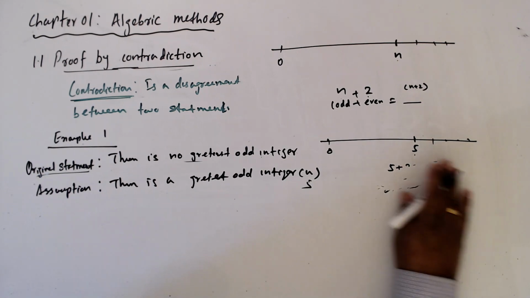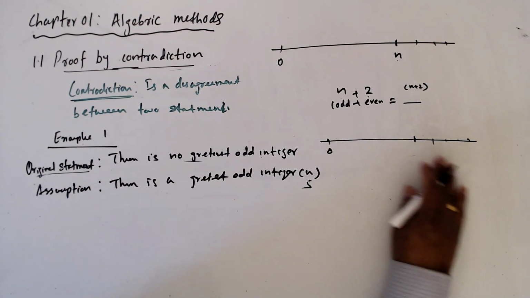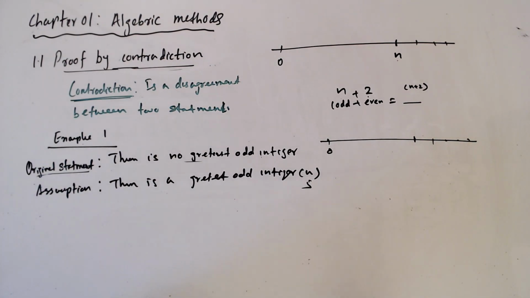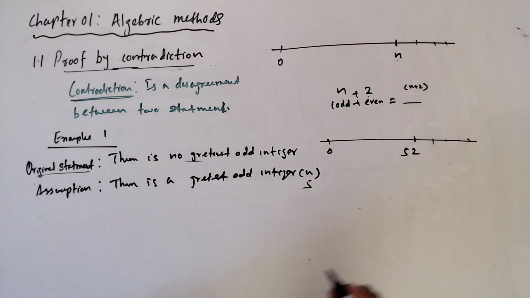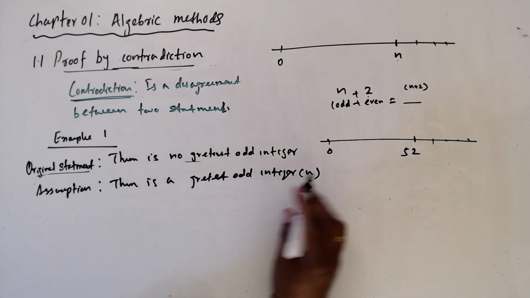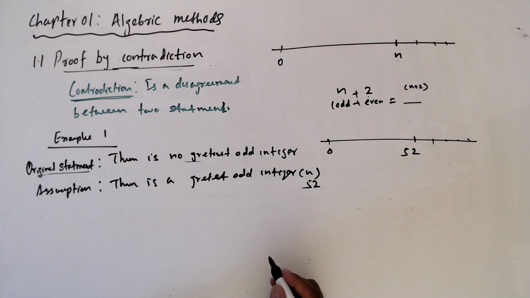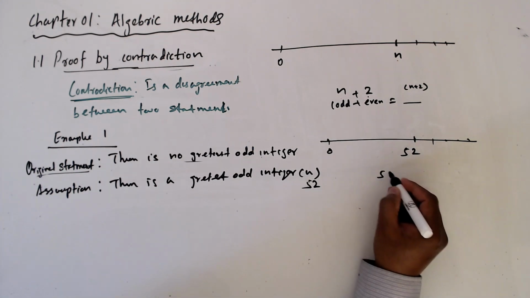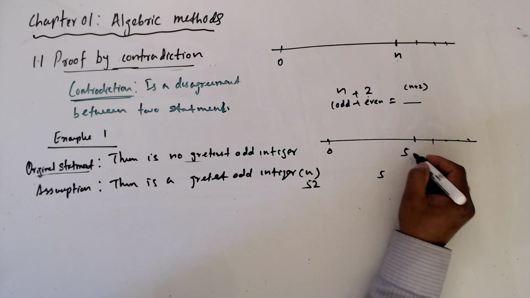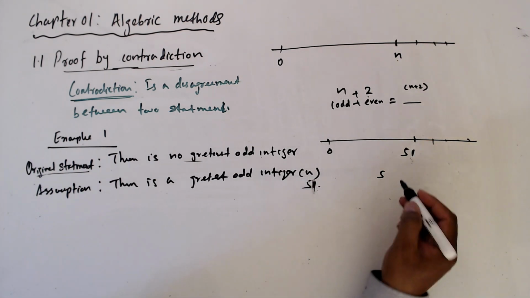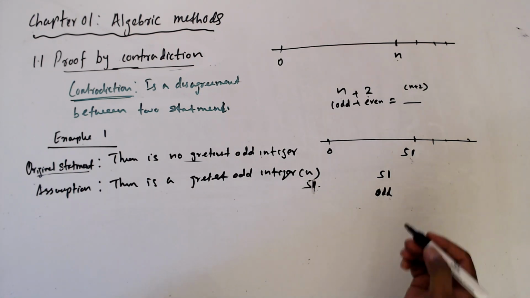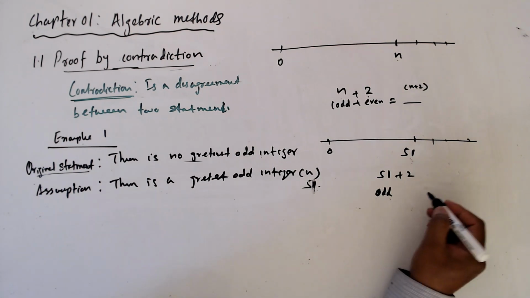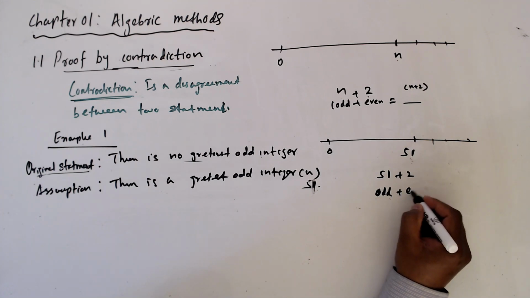Same as before, if I say that the greatest odd number is 51, you use the technique: you add 2, which is even.